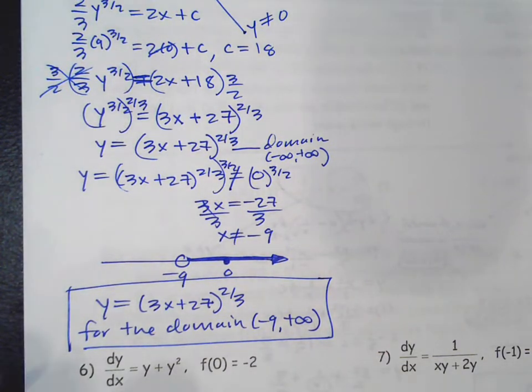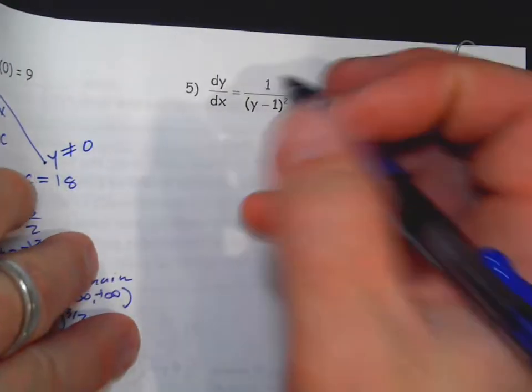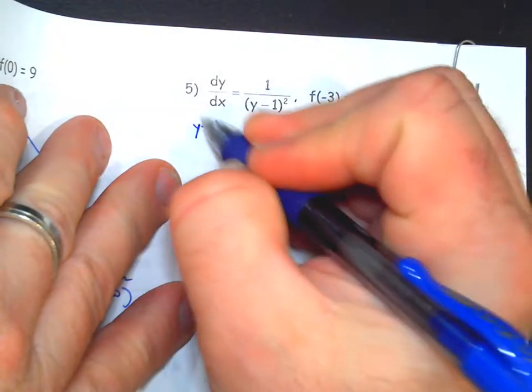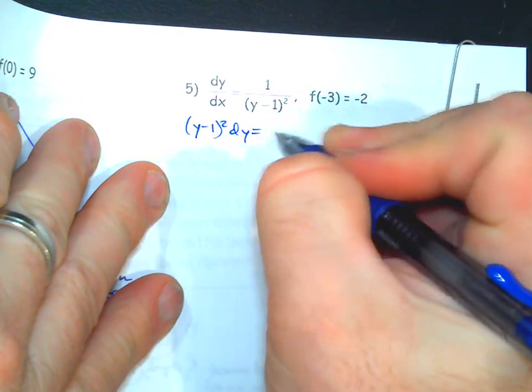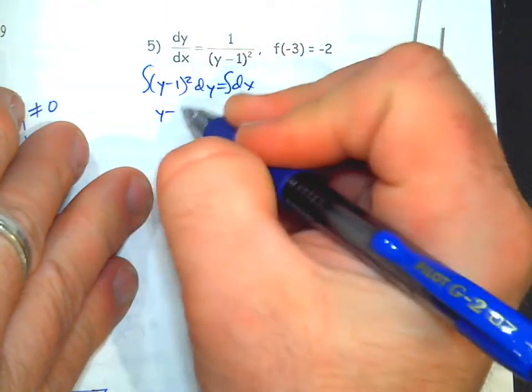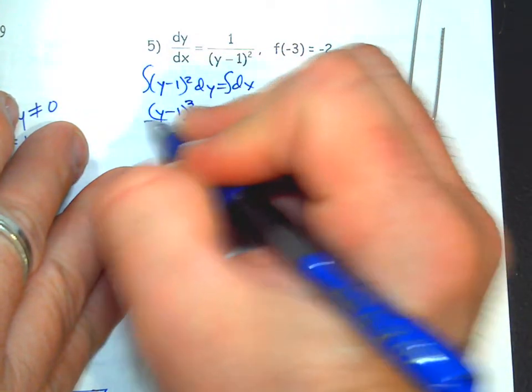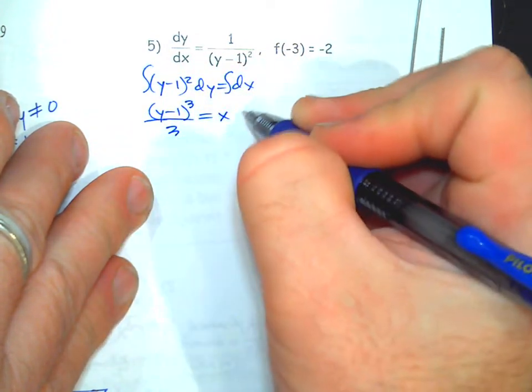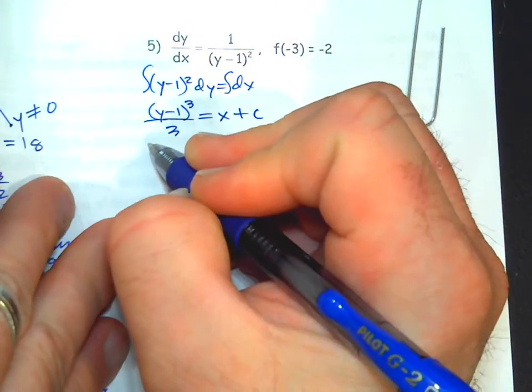All right. Number 5, separate the variables. Integrate both sides. It's a power rule. Bump it up 1, divide by the new exponent. Use initial value.